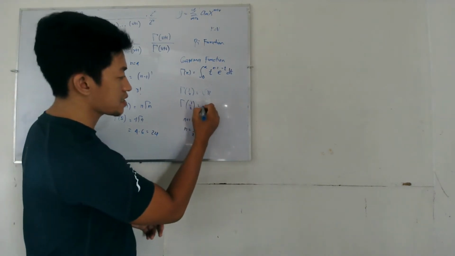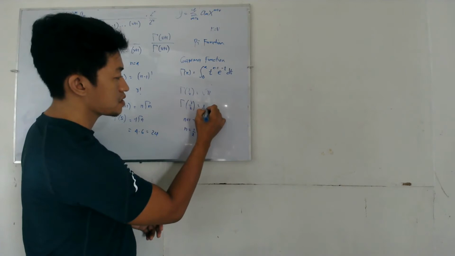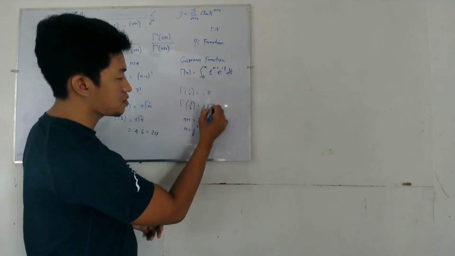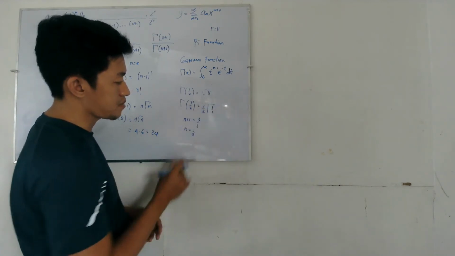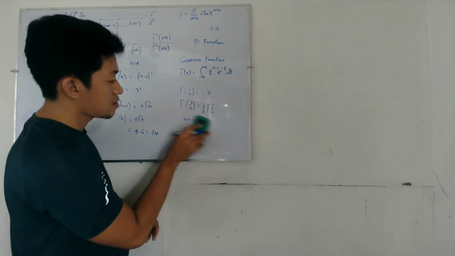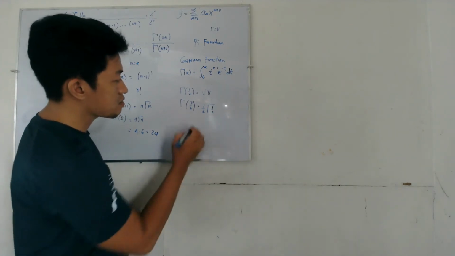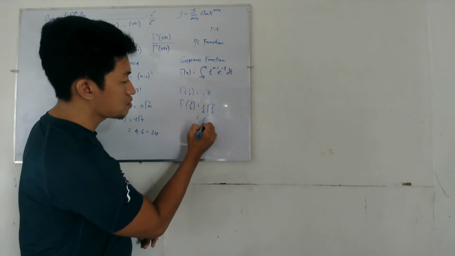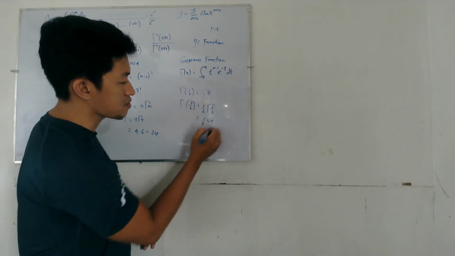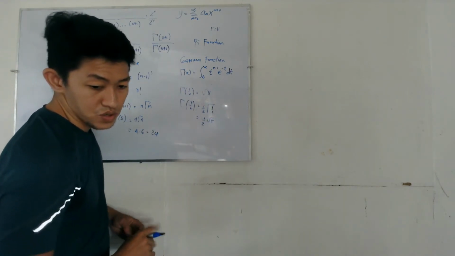So it becomes 1/2 gamma of 1/2. So the answer, gamma of 3 over 2, is 1/2 times square root of pi, or square root of pi over 2. Right?